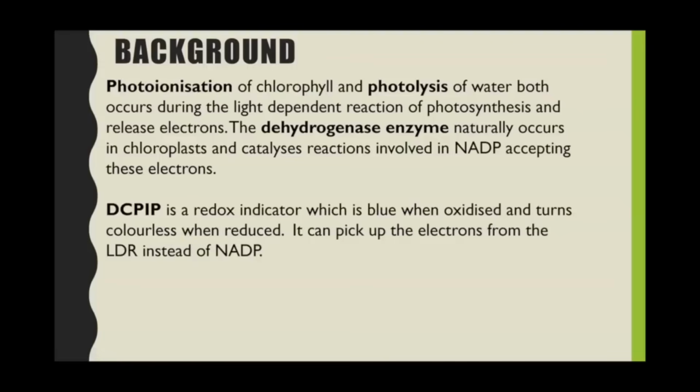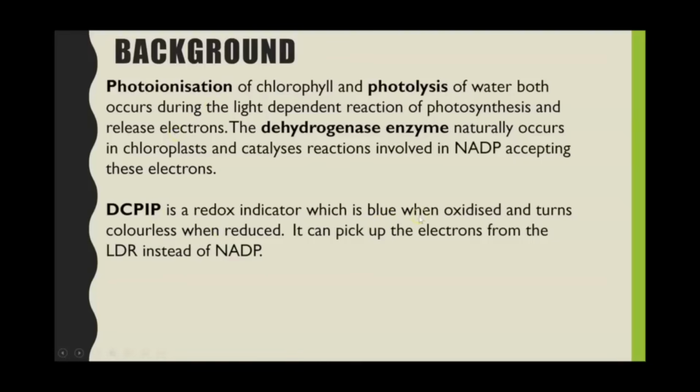Now, the chemical that we're going to use to be able to track this release and accepting of electrons is DCPIP. And this is a redox indicator, meaning it changes colour depending on whether the chemical is oxidized or reduced. So we'll be able to track whether it's picked up or released electrons.